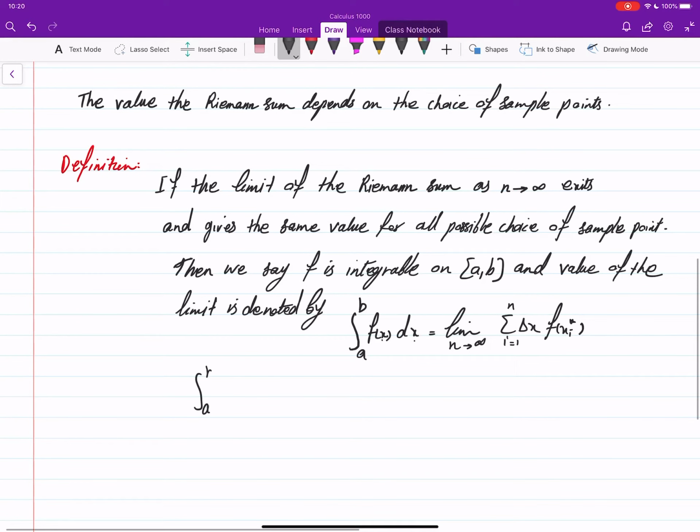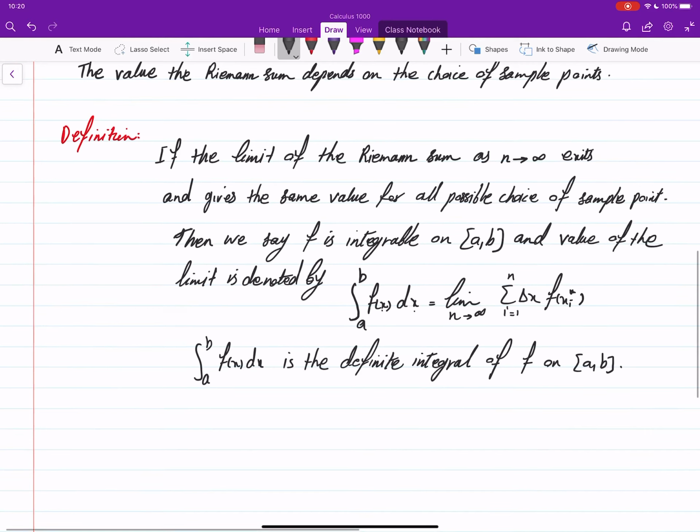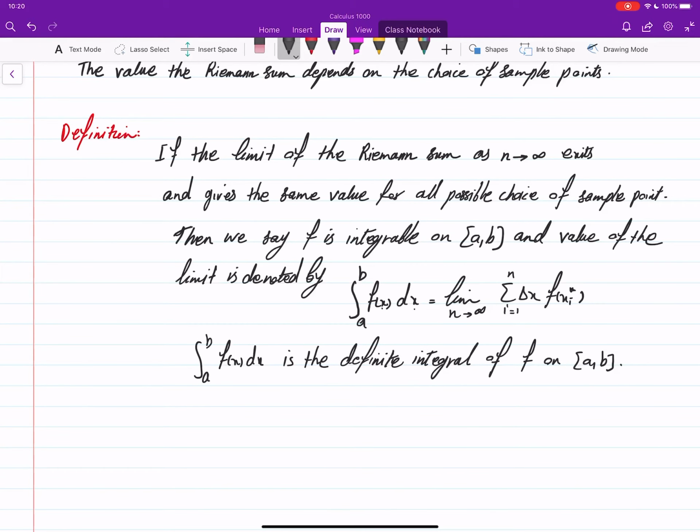This is the notation for the definite integral of f on the interval a to b. When the limit exists for all choices of sample points and gives you the same value, pick that value, and that is the definite integral we are looking for.